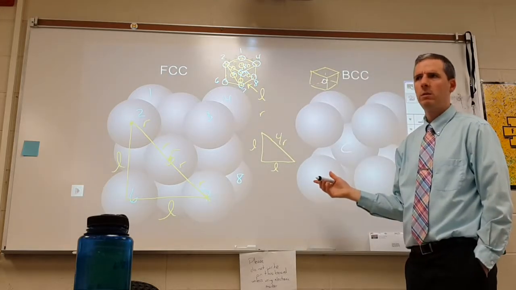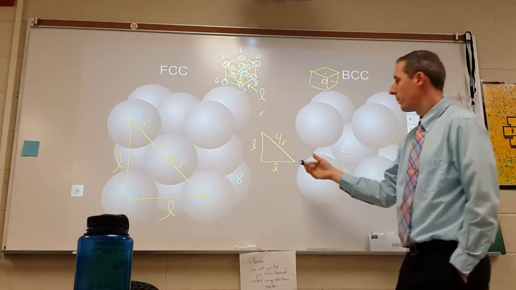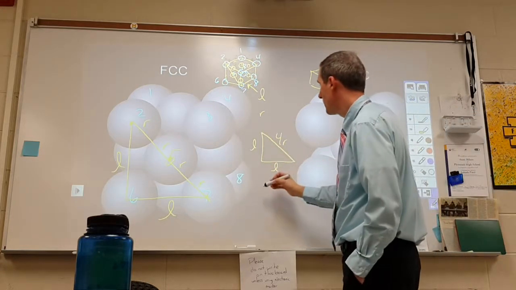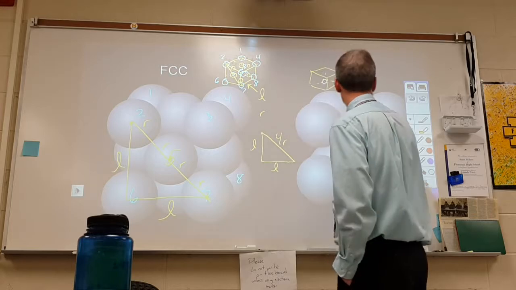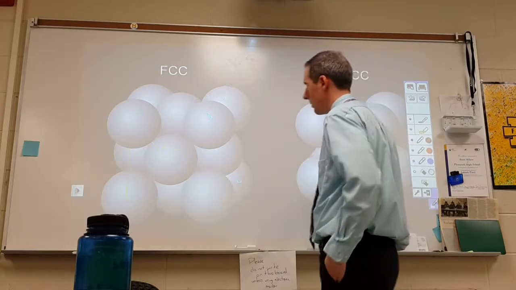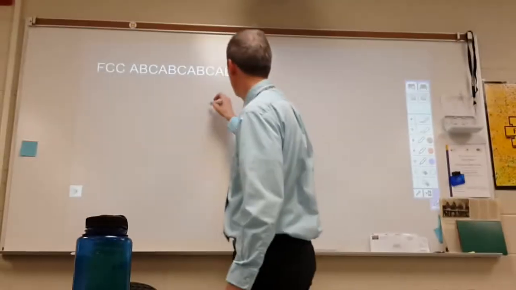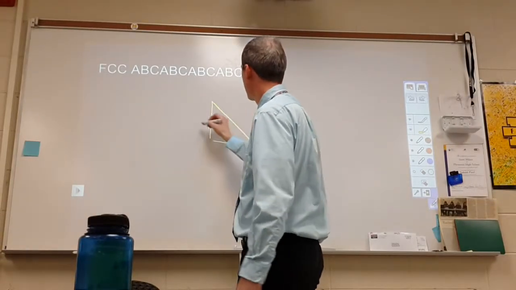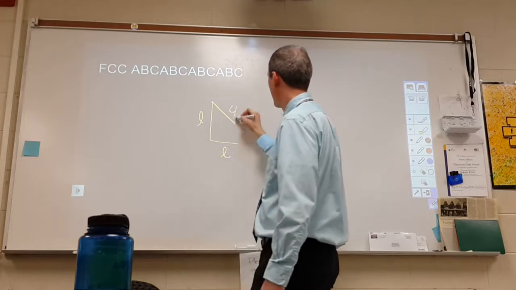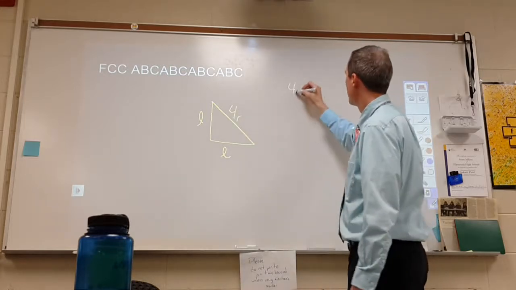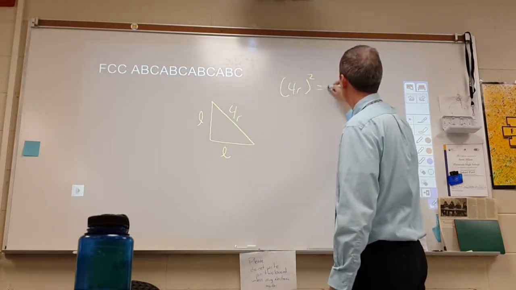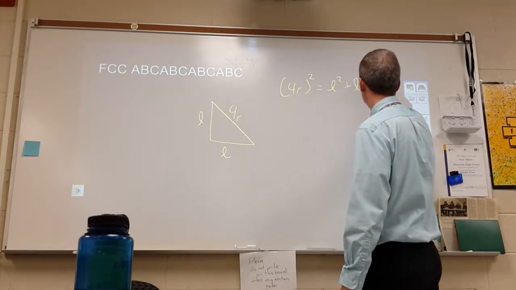How's that sound? Fair enough? So from there, if we want to know the relationship between these, for face-centered cubic, we have this along the side of L, L, and 4R. So what we can say is that 4R squared is equal to L squared plus L squared.